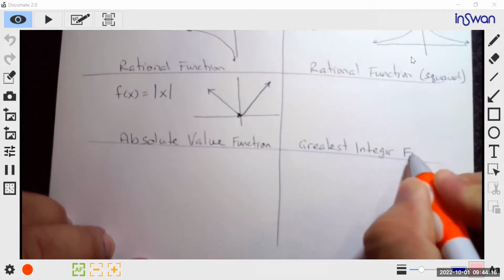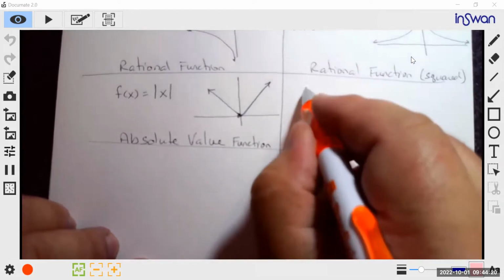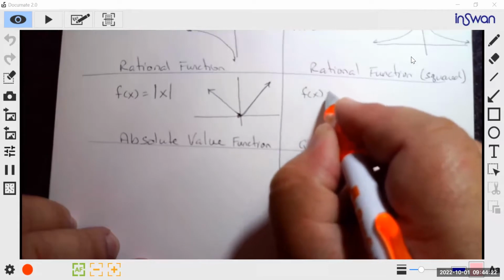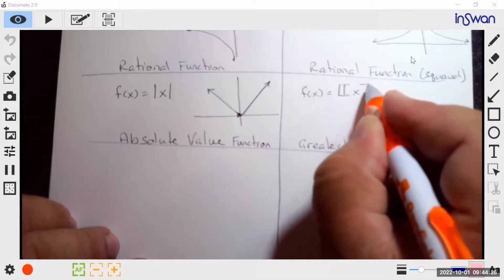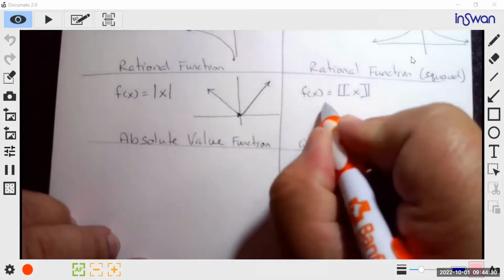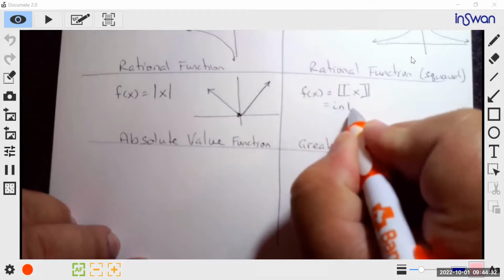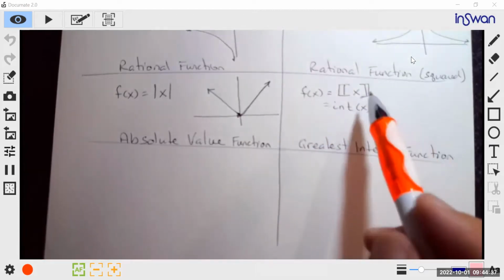And then the greatest integer function. You can see it one of the two ways.